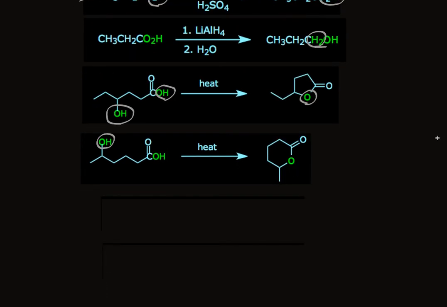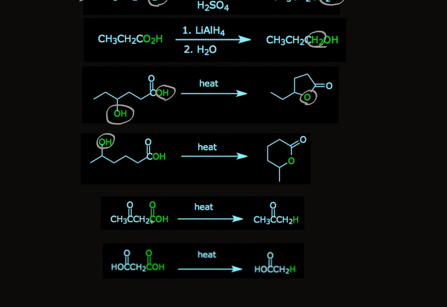And finally, there's a rather strange looking reaction. Here are 2 examples. When we have a carbonyl group here as a ketone or here as a carboxylic acid that is beta to a carboxylic acid, and now I'm using common nomenclature, so this is the alpha carbon, this is the beta carbon, this is the alpha carbon, this is the beta carbon, these beta carbonyl carboxylic acids lose a whole carbon as CO2.